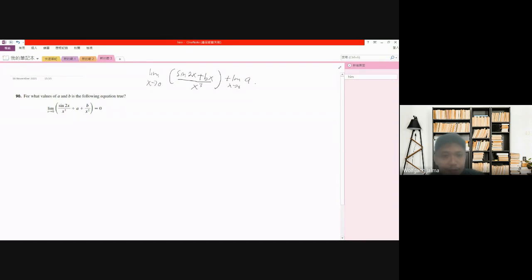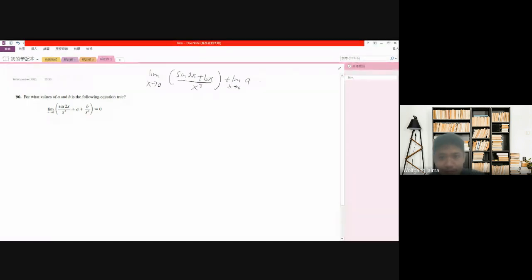As before, I want to make it into a fraction equal to 0.